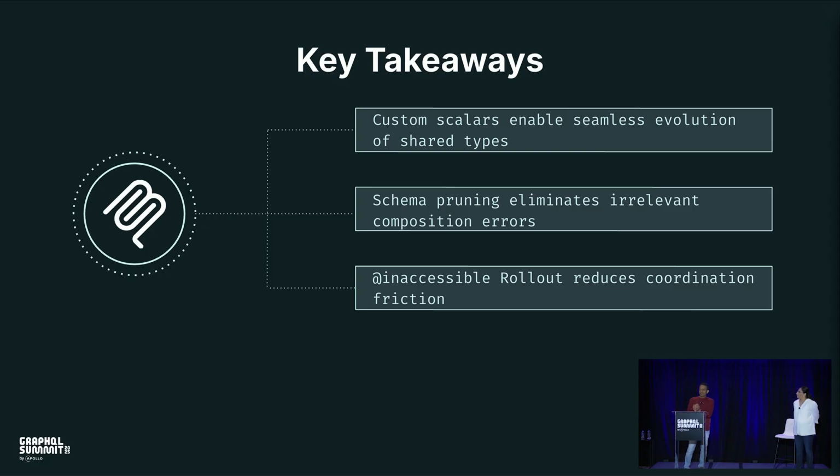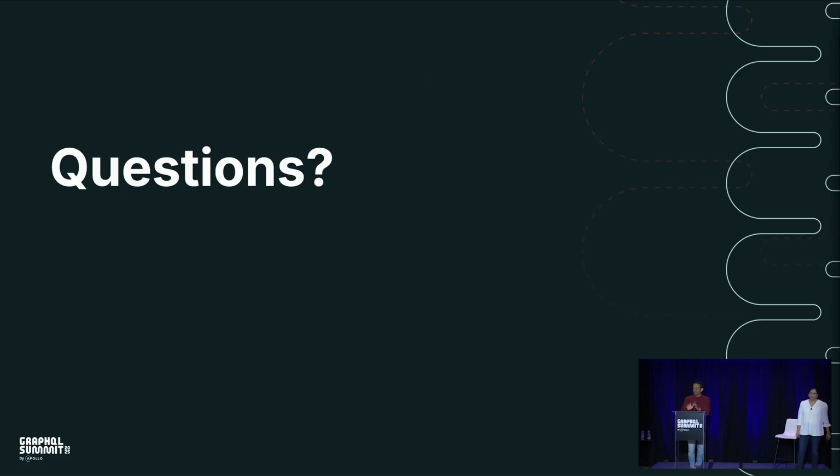So make sure you use shared GraphQL types sparingly and only when required. When it is required, it helps have a consistent interface, but if it is going to change a lot, don't try to add it as a shared type in the first place. Wait for it, let it evolve. Once it is a little bit more stable, then add it to the shared type. So that's it from us, and we are open to any questions.